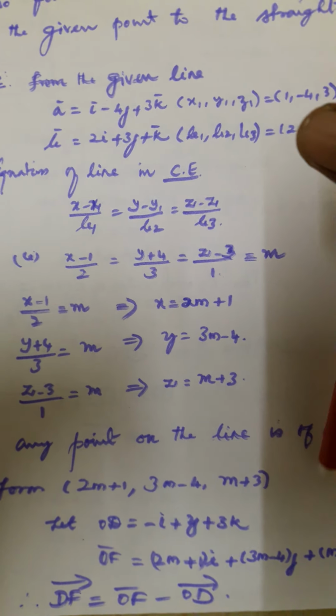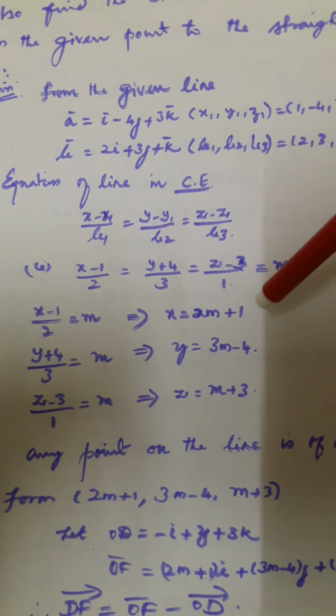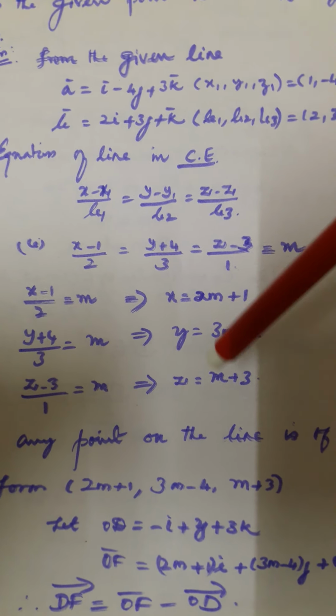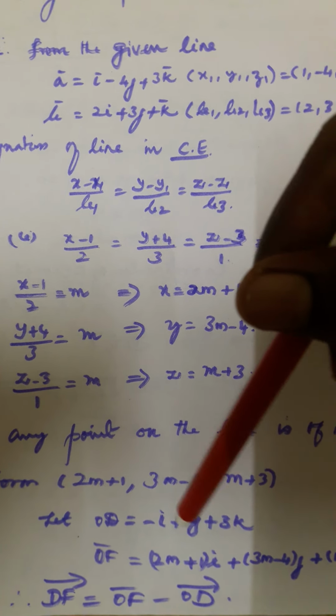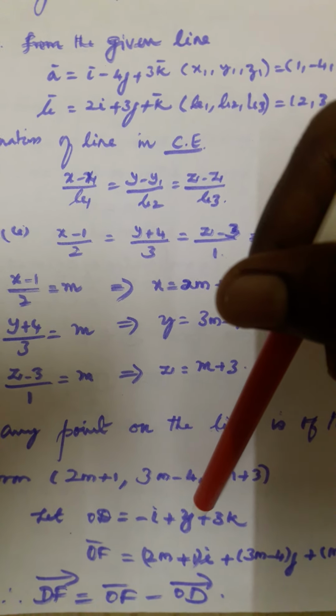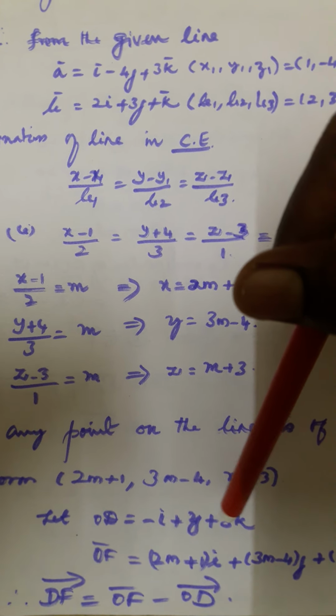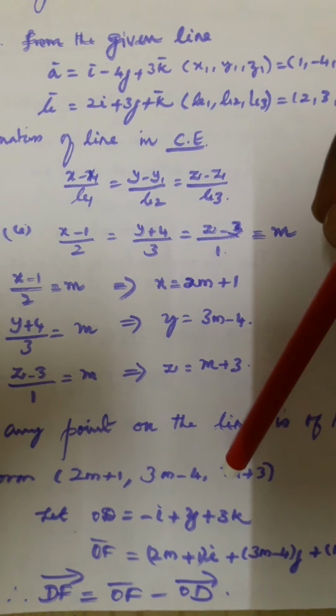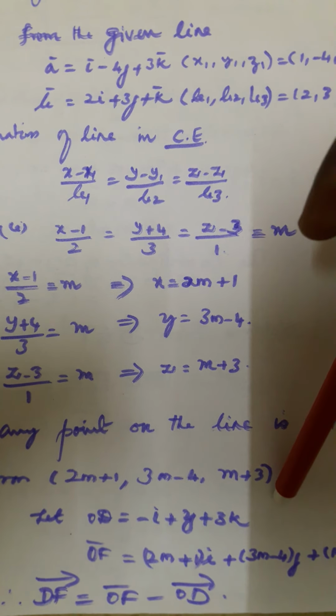Any point on the line is of the form (2m plus 1, 3m minus 4, m plus 3). And your OD vector is the given point, that is minus i plus 2j plus 3k vector, right? And your OF vector is any point on the line in this format.